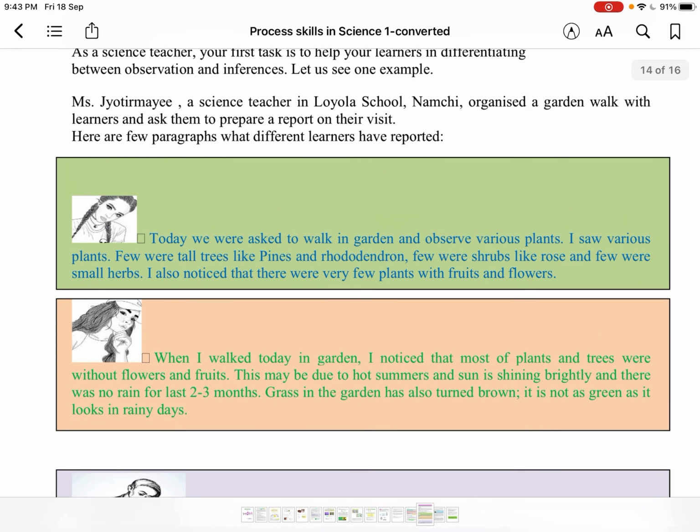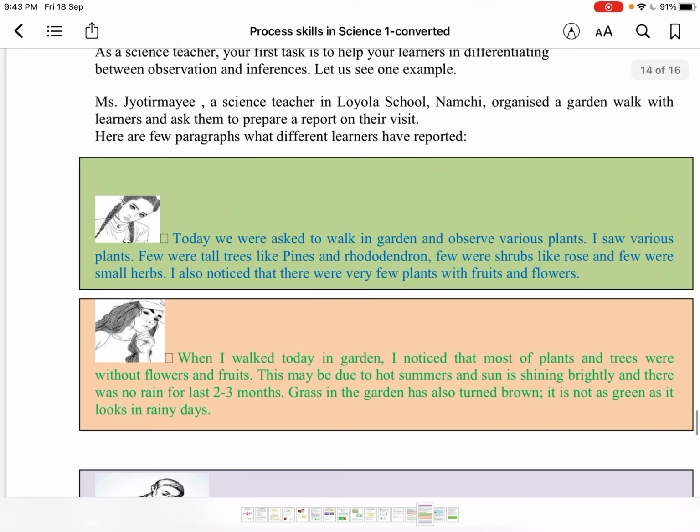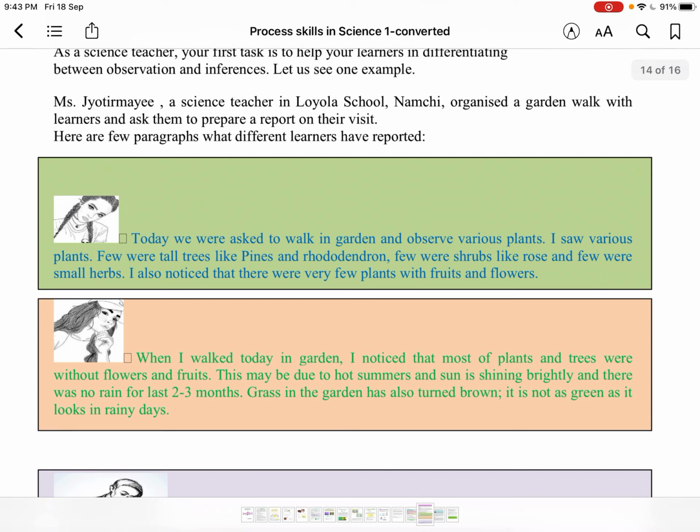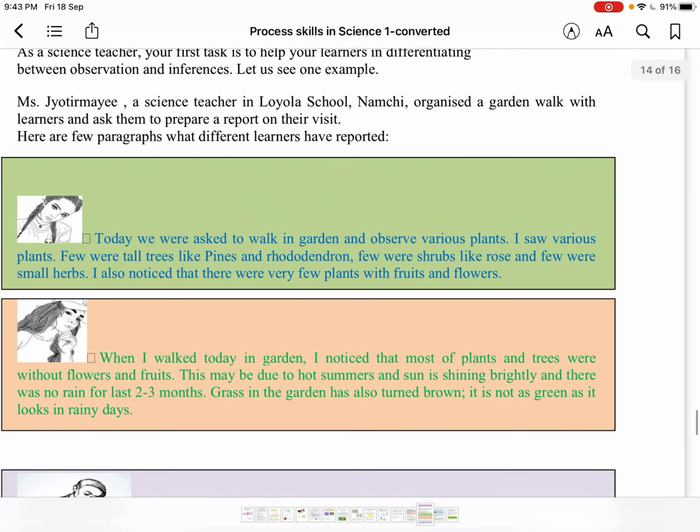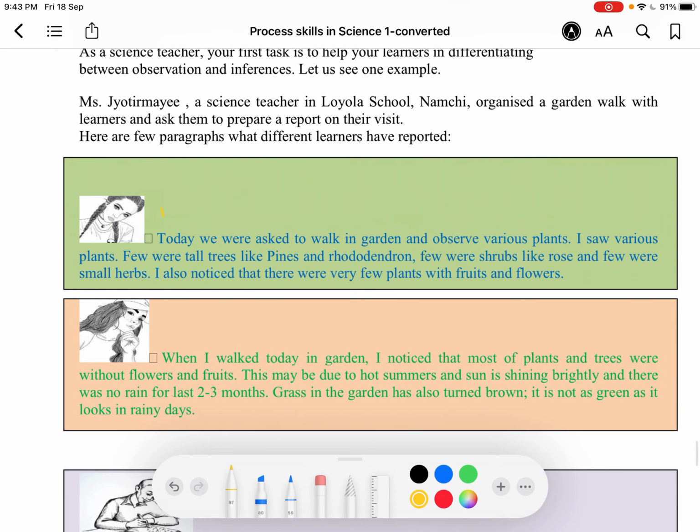Miss Jyotirmai, a science teacher in Loyal High School, Namchi, organized a garden work with the learners and asked them to prepare a report on their visit. So the students visited the garden and prepared a report. Here are samples of the reports. One student, let us say Bhumika, has written that today we are asked to walk in the garden and observe various plants.